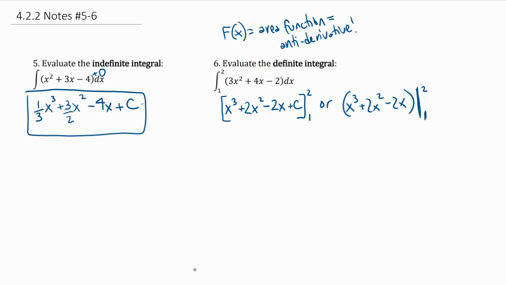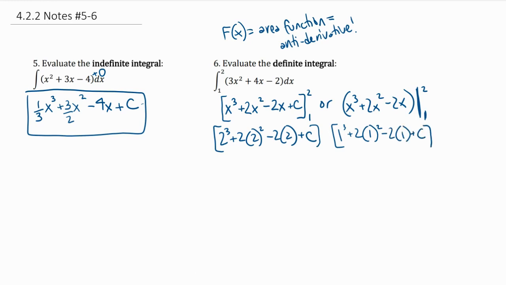Okay. Then you plug in your upper bound. And you're going to plug in your lower bound. And you are going to subtract. So if you remember from the previous lesson where we came up with what the area functions were, it was always like 3b minus 3a, or 3/2 b squared minus 3/2 a squared.